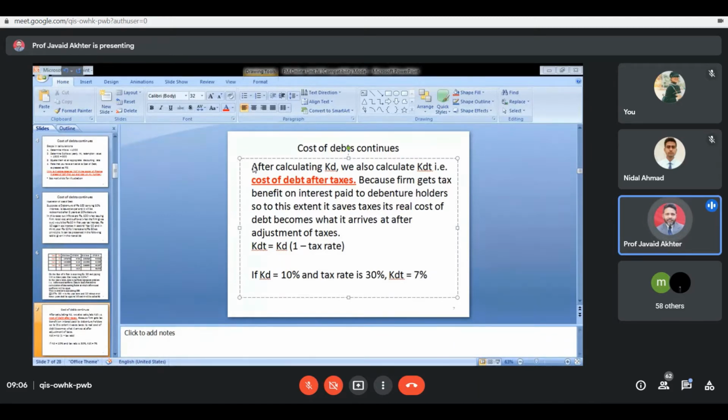Will the company get tax benefit on repayment of principal also? Is my question clear? Will the company get tax benefit while repaying principal also?